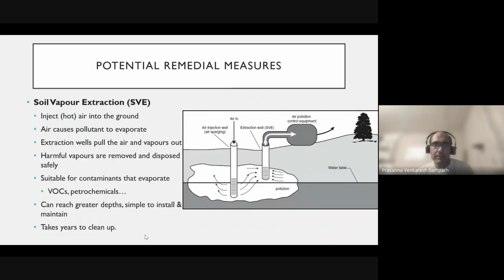And again, fortunately, I have taken these figures from the EPA website. Most of these figures are coming from the Environmental Protection Agency's website, and they do a great job of explaining exactly what is happening in the system. Very simple, nice illustration. Of course, the challenge that I already mentioned is you need to know where the contaminant is present.